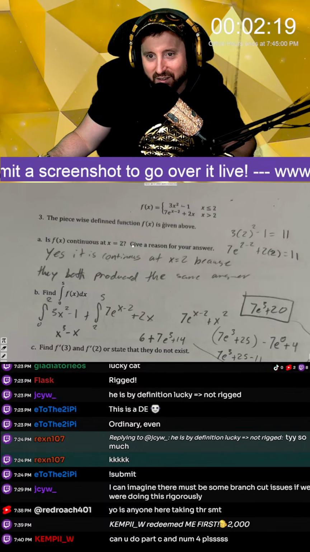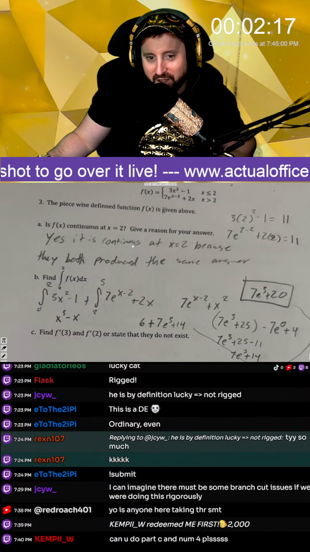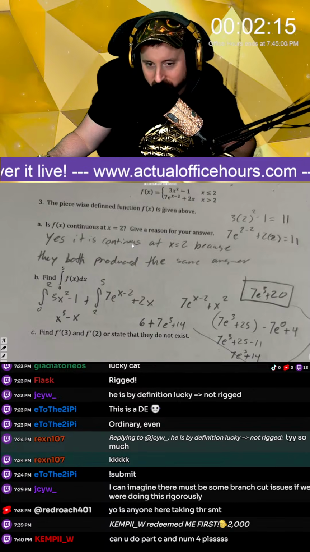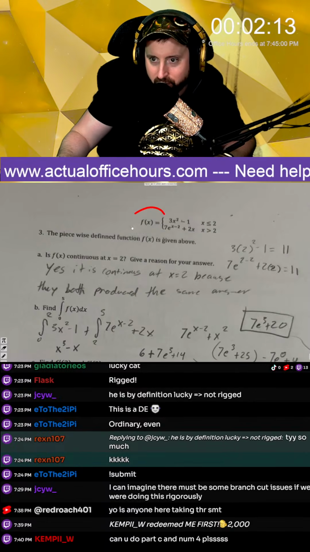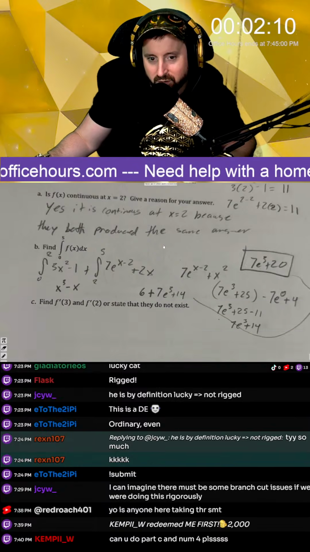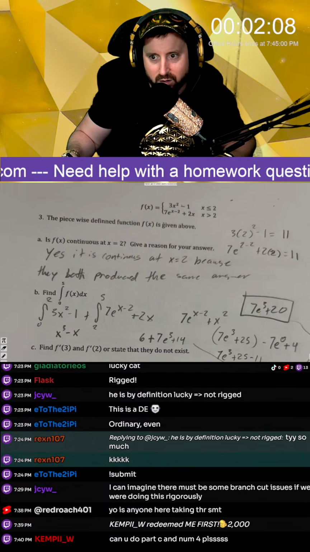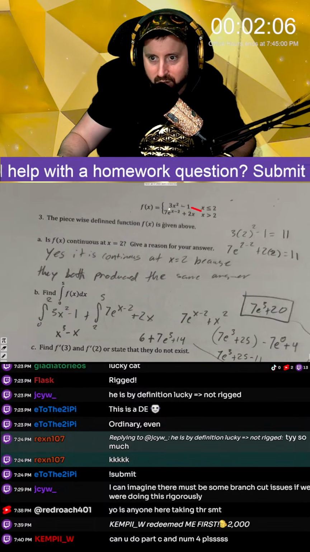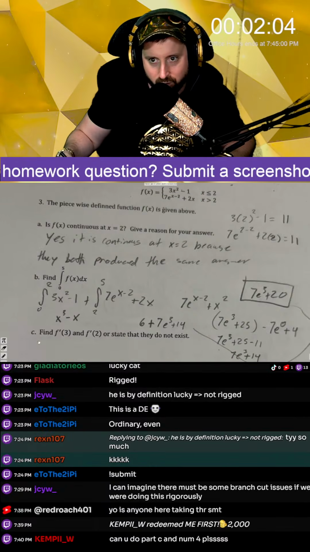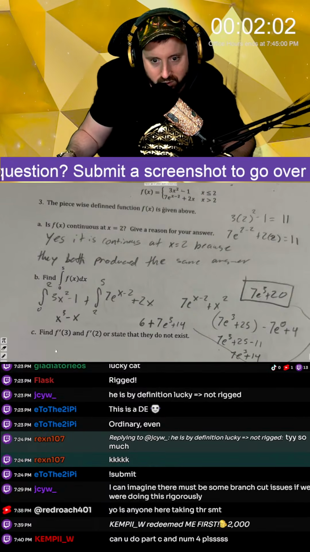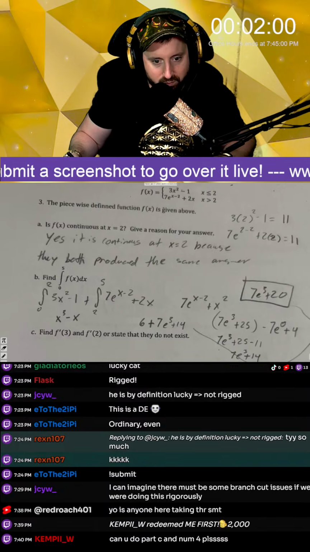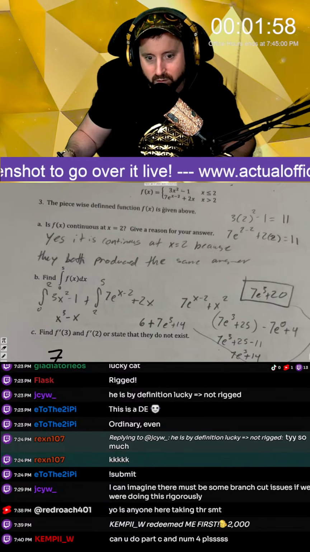Okay. Here's the piecewise function. Find f prime of... Wait, what? F prime of 3? Isn't this just the derivative of this? F prime of 3 is just the derivative of that. So what is that? That's 7. Oh, this color is atrocious. Sorry.